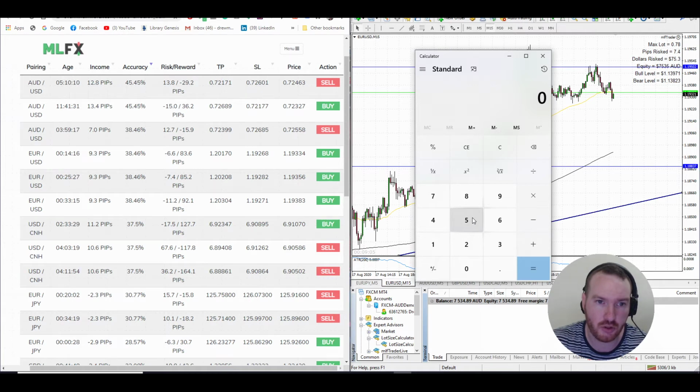And so looking at that, you've got 36.2 divided by 15, so it's slightly over 2, 2.4. The way we do this is times that by 45.45, and on average, out of 100 trades, we are going to have 109% return if we're risking 1% per trade.